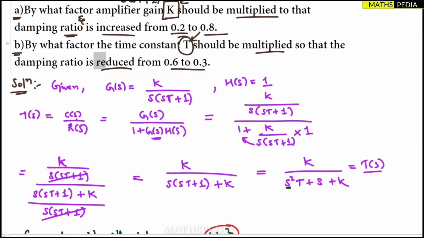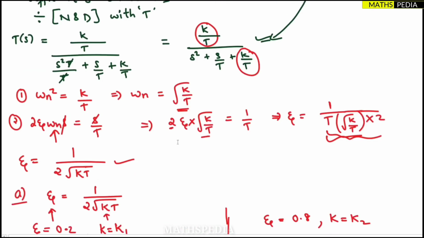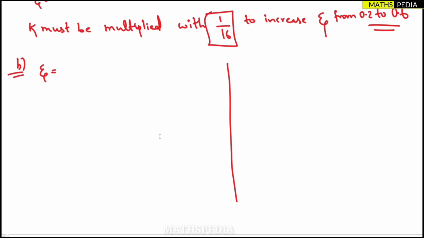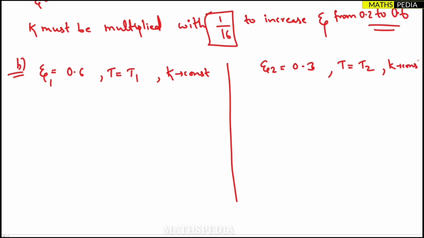See again, it is reduced from 0.6 to 0.3. So first I'll take zeta 1 as 0.6, and here zeta 2 as 0.3. And time I'll change, which is t1. Here also time constant I'll change, but k remains constant. Remember, k is constant.